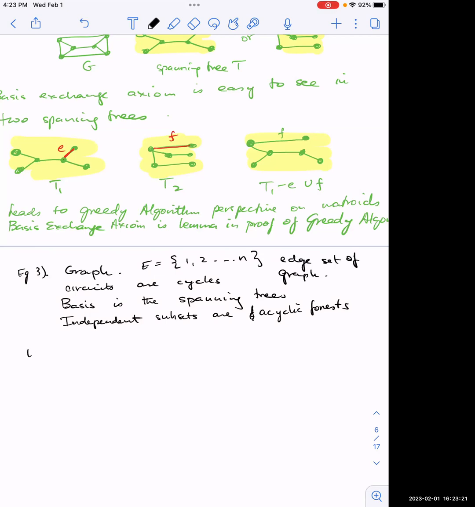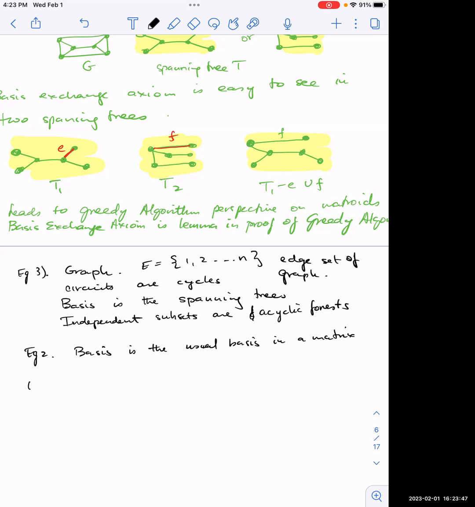And then example 2 again. The basis is the usual basis in a matrix. And independent sets we already saw as the usual independent sets, and the circuits were the minimal dependent sets.